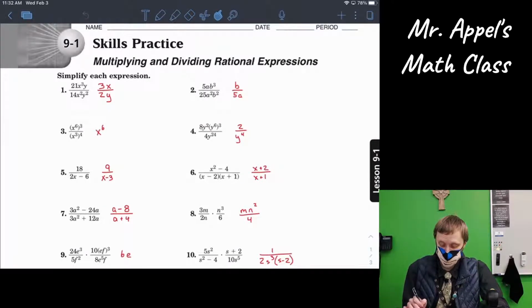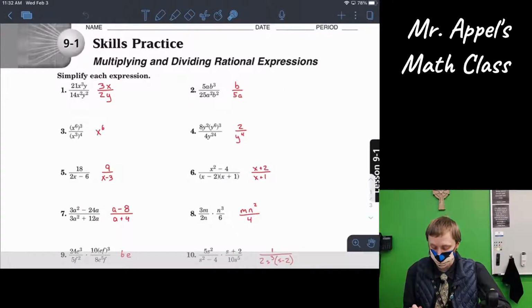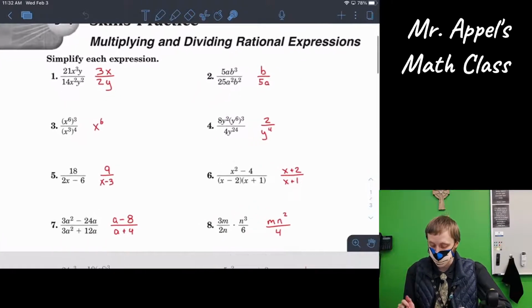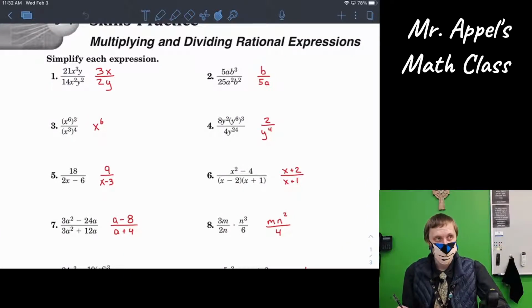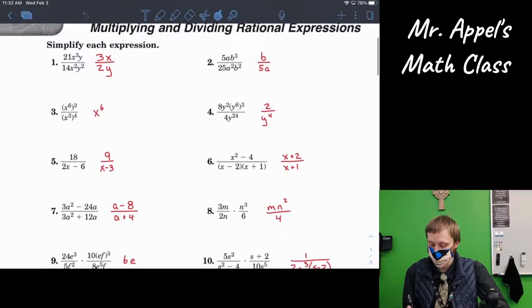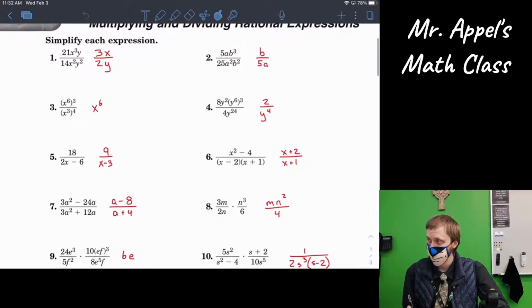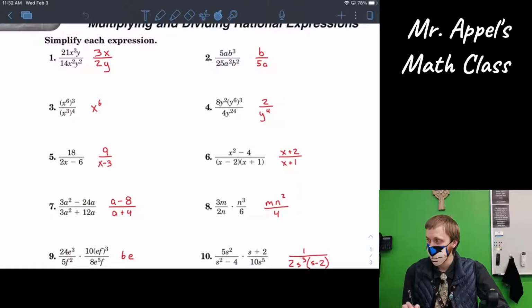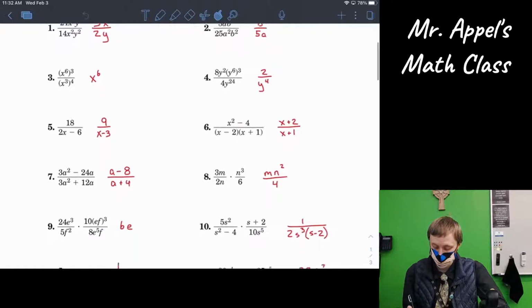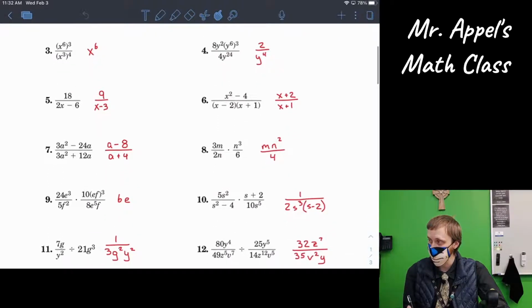Okay. 9.1, here are the answers for multiplying and dividing rational expressions. And I will just slowly scroll through this and let you check those against your work. Stop me at any point if you have a question.